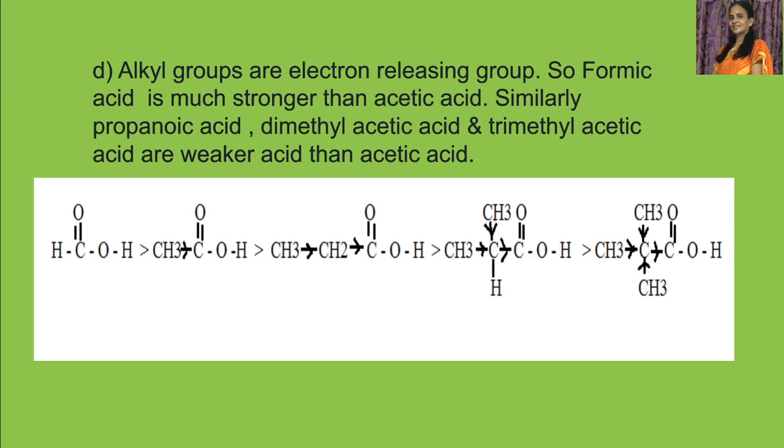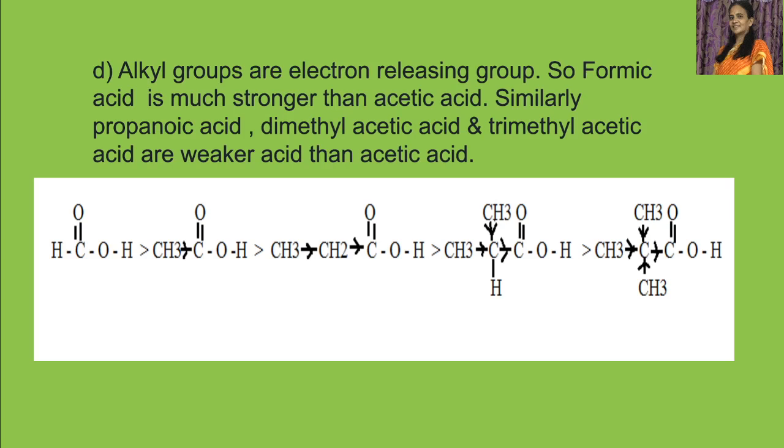Here, in acetic acid, one methyl group is there, therefore it releases electrons. It repels the bond pair of electrons towards this carbon. Therefore, the negative charge on this carbon increases. Then it releases electrons towards the CO bond, and then towards the OH bond. Because of that reason, the OH bond strengthens. As the OH bond strengthens, this H plus cannot be easily removed. Therefore, its acidic nature decreases. So, when compared to formic acid, acetic acid is a weak acid.